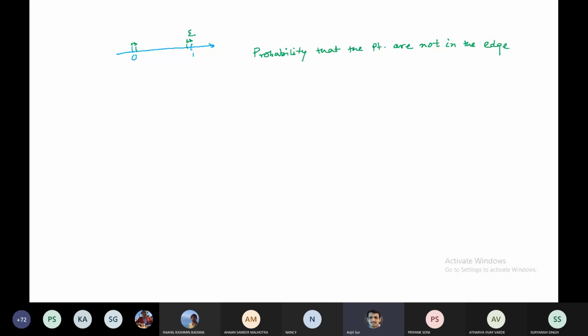So the edge, let's say, is epsilon. In a single dimensional space, the probability is 1 minus 2 epsilon. Okay, so this is the probability.